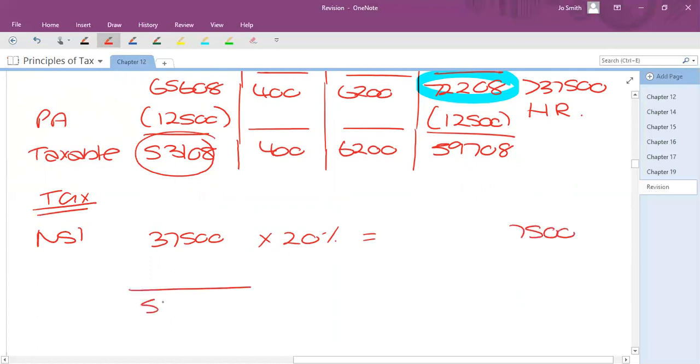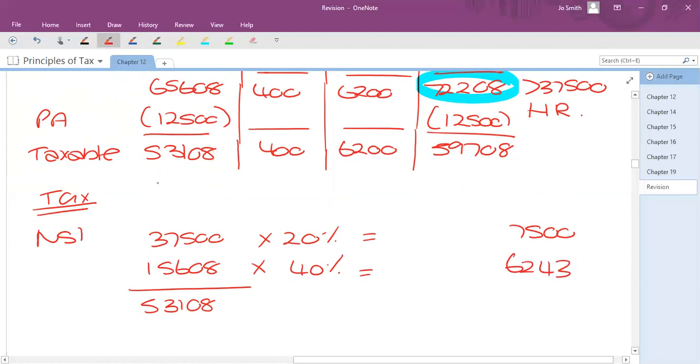And then the rest of that 53,108, which is the balance of 15,608, is going to get taxed at the higher rate. And don't bother with pennies, just round it. Strictly we always round down, but in the exam we don't care really, as long as you've rounded up or down. Just don't bother with the pennies. You haven't got time to do that in the exam. All right, so that's the tax for your non-savings income.